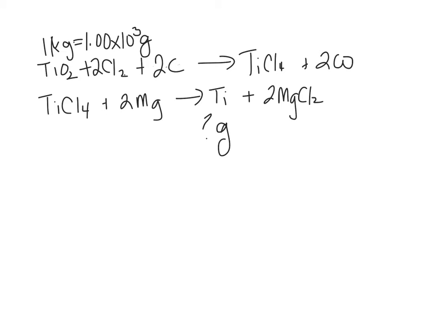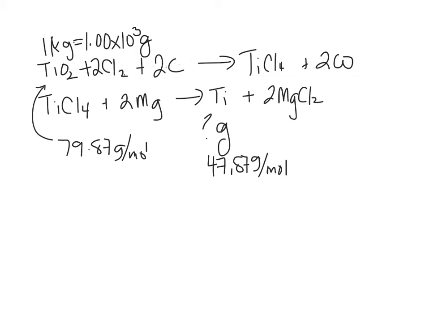Molar mass of titanium? 47.87. And what is the molar mass of titanium oxide? TiO2. Thank you. All right. So, we want grams of titanium. Do we have a value up there that has grams in the ratio for titanium?